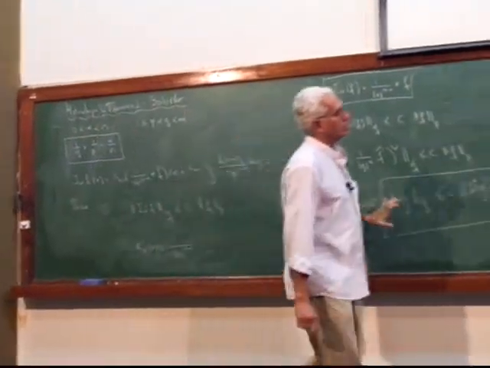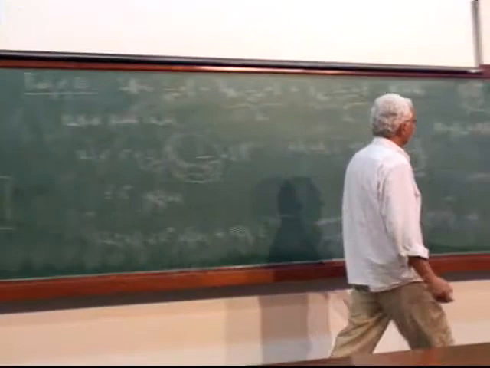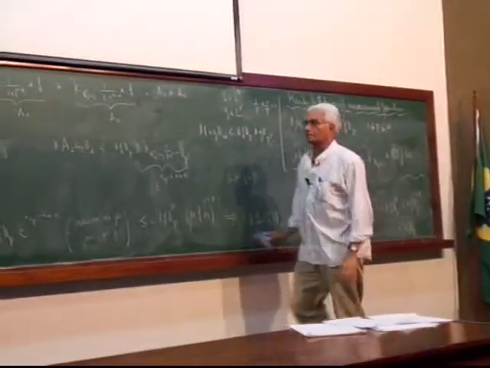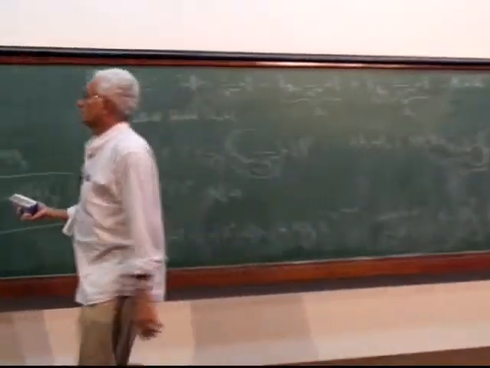Plenty of time. We have one more estimate that I will state, but I will not prove, and we will start on Monday with this one. This is the following one.